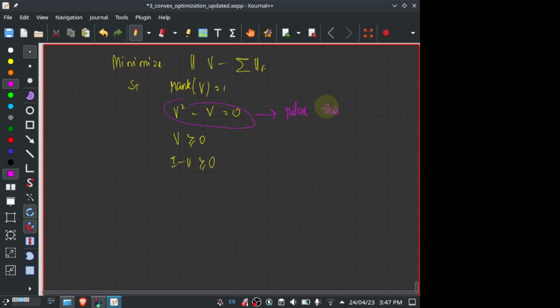Can you speak up? Yeah. That's true. Also, I can take A and minus A. Both of them have rank 1. Half A plus half minus A would give me 0. Yeah, matrix V is small matrix.